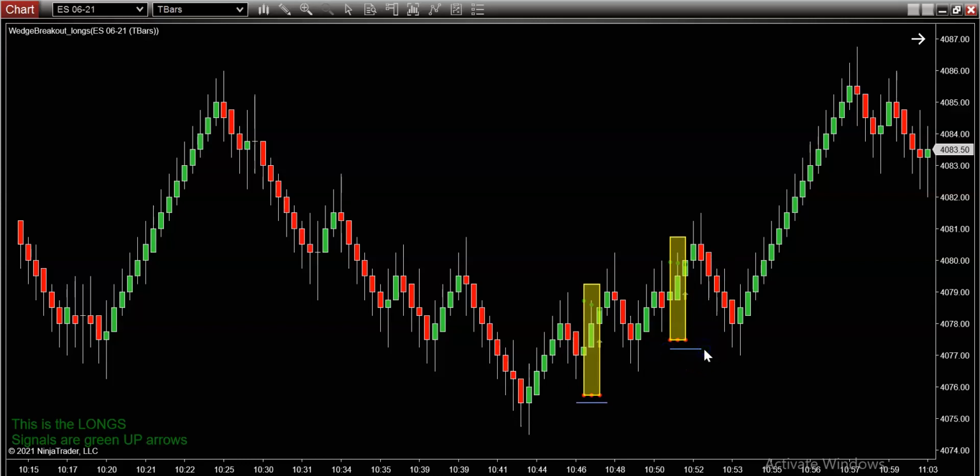Although you can see, if you had got in on the second wedge, meaning you were lazy or distracted and had actually missed the first wedge, then the second wedge ends up being a loser. Because if I stretch out the stop, you can see the stop does actually get tagged a few bars later. That's why I always tell you guys, you got to jump on the very first signal, which is this one right over here, this beautiful wedge.